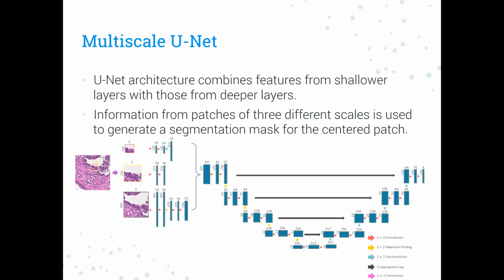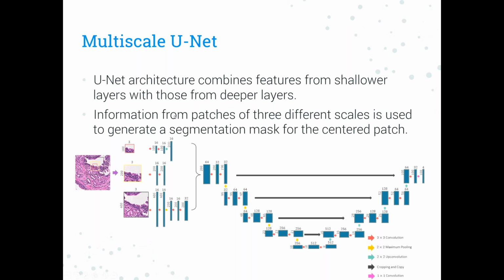So a bit about the U-Net. The U-Net architecture combines features from shallower layers with those from deeper layers. So what you have is this contracting path downwards that captures context, and a symmetric expanding path or up-convolution path on the right that enables precise localization.